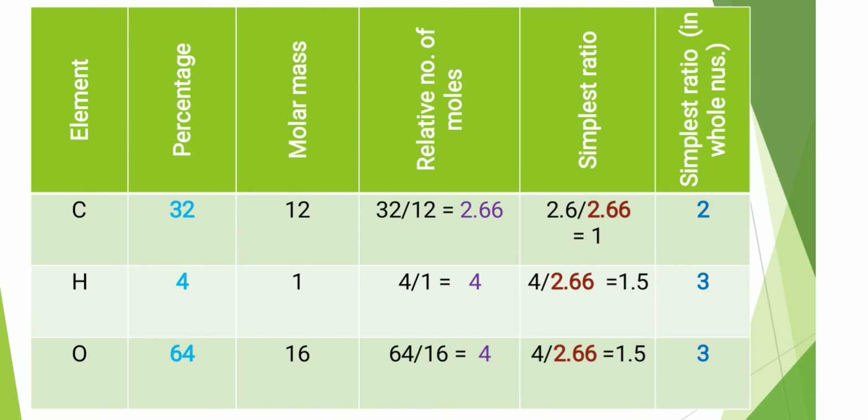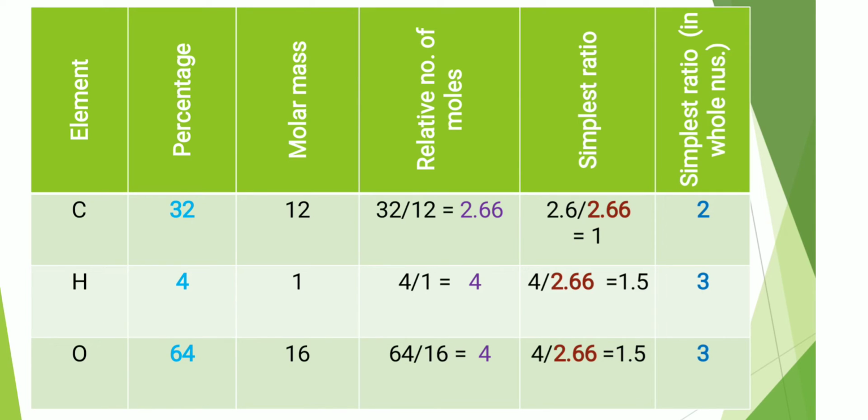So the next step, simplest ratio. To calculate the simplest ratio, we must divide the relative number of moles by the smallest one. Here the smallest one is 2.66. So for carbon, 2.66 divided by 2.66 is 1.